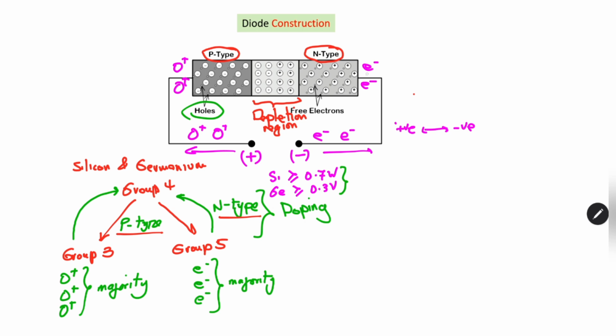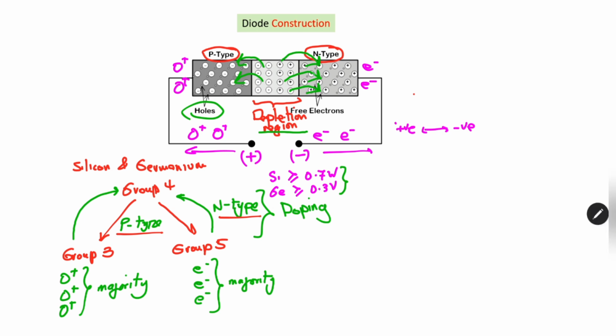There will be more electrons in the n-type, which will have greater force, which will now attract all the holes in the depletion region to bond with these electrons. And similarly, in the p-type, there will be more and more holes which will have greater force, and they will now attract all the electrons in the depletion region. That is why they say the depletion region will shrink and have less resistance.